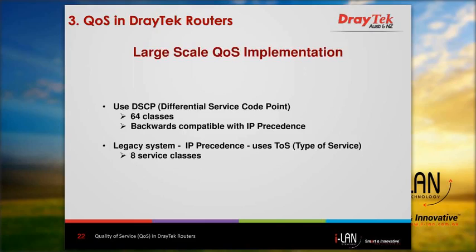And for large-scale network implementation of quality of service, the usual method is to use a differentiated service code point, which is also known as DSCP, and IP precedence at layer 3. With the DSCP, you can create 64 classes, and it's backwards compatible with legacy systems, which use the type of service field in the IP header to define 8 service classes.